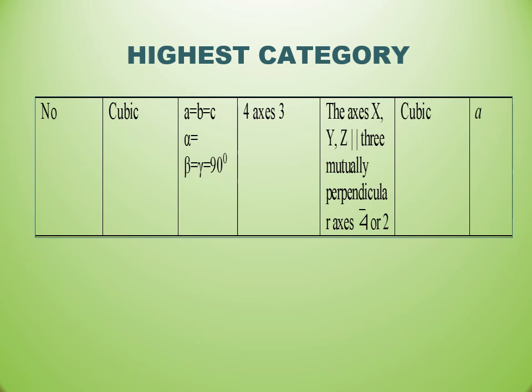The unit cell is a cube. Crystals of the cubic system necessarily have 4 axes of the third order, and you can see the characteristic of the crystals of the highest category here.